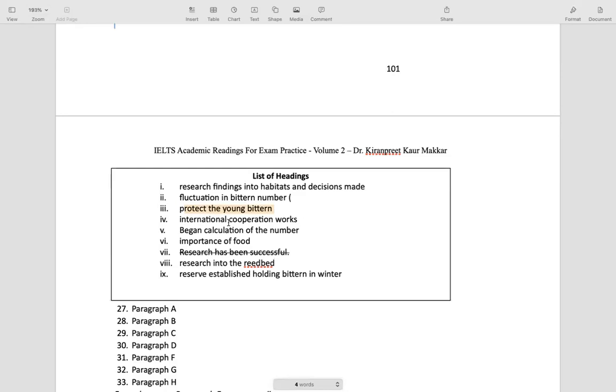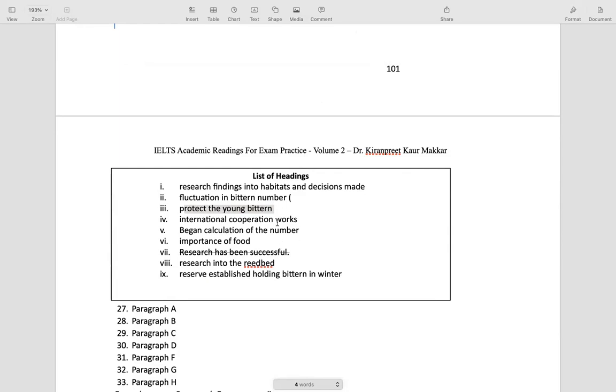International cooperation, nothing about international cooperation. Began the calculation of the number. It doesn't say we are starting to calculate the number. Nothing like that. Importance of food, no. Research has been successful, no. Research into the reed bed, no. Reserve established, like a place established for holding bittern in winter, no.